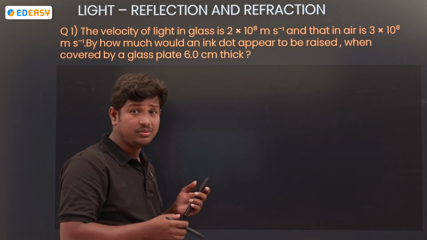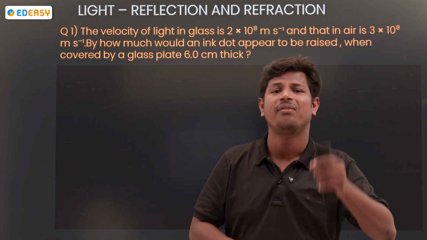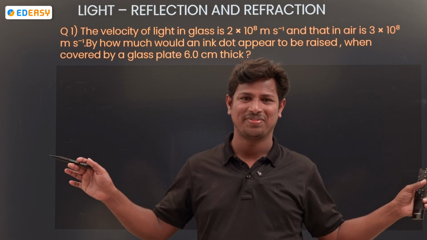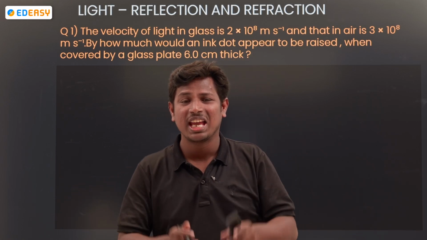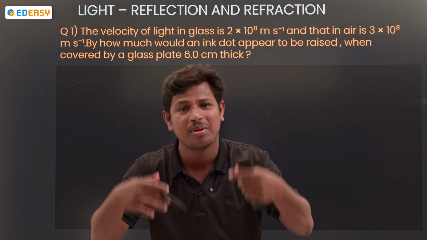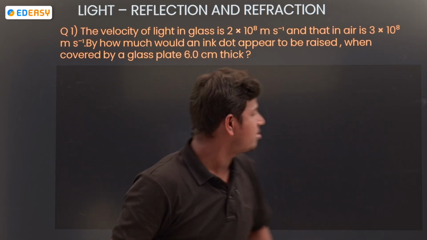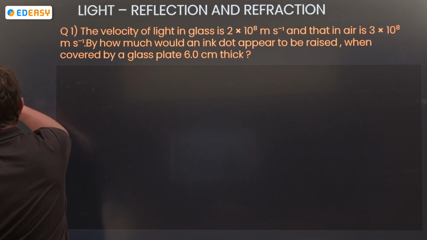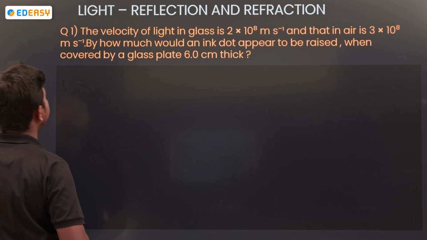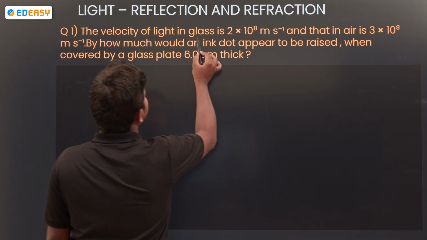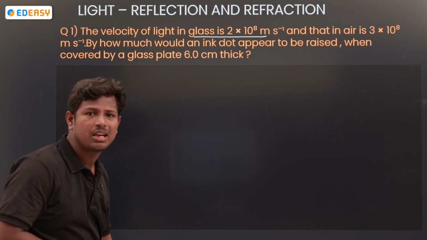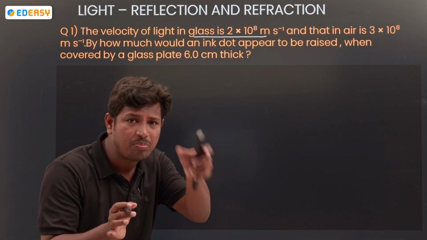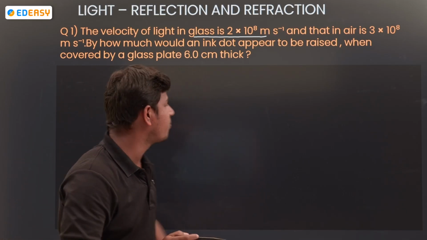Yes. Now this time we have a problem. Don't worry about the problem; if you worry, the problem becomes a problem. So listen here. What is the given information? The velocity of light in glass is 2 into 10 to the power of 8 meter per second. First of all, if any problem is given, write the given information.